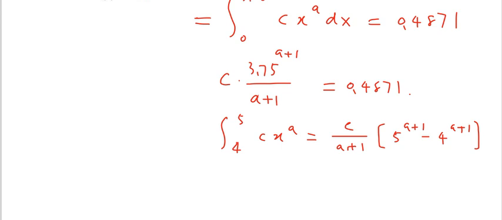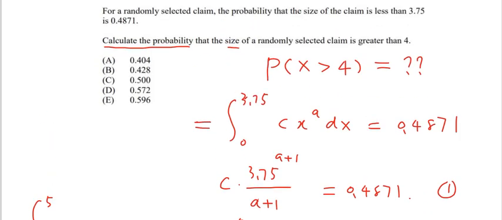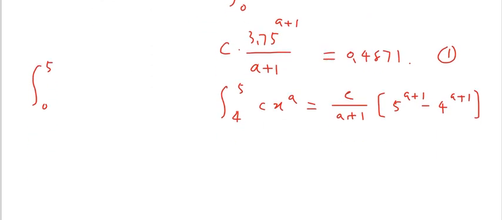So here we need this condition. Suppose we regard this as equation 1, and the other equation is the density function between 0 to 5, right? Yeah, 0 to 5. So we have the integral of CXA dx equal to 1. This means C over A plus 1 times 5 to the A plus 1 equals 1.